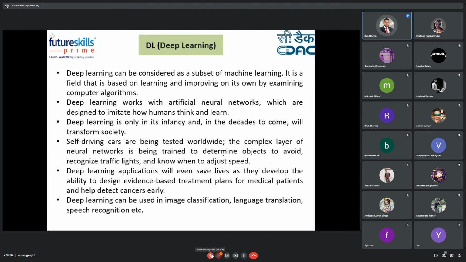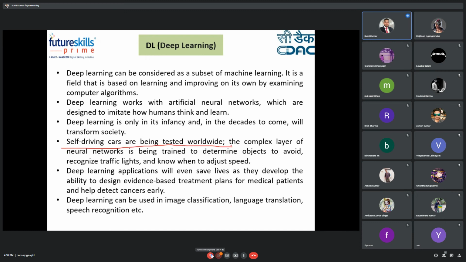So deep learning is also trying to make machines that can work and think like a human being. Deep learning has the basic fact of artificial neural networks, and neural networks work on the basis of some algorithms.